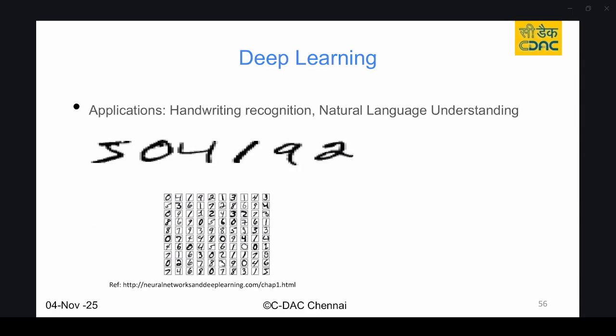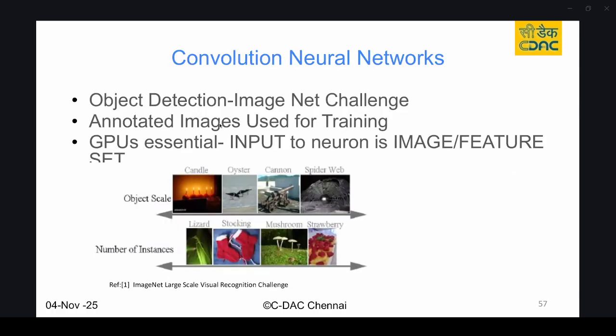As I said, many applications like handwriting recognition, natural language understanding, etc. became much more accurate. One such data set was ImageNet, released during that time with 1,000 different object names. Here we have the candle image, oyster image, cannon image, spiderweb image.